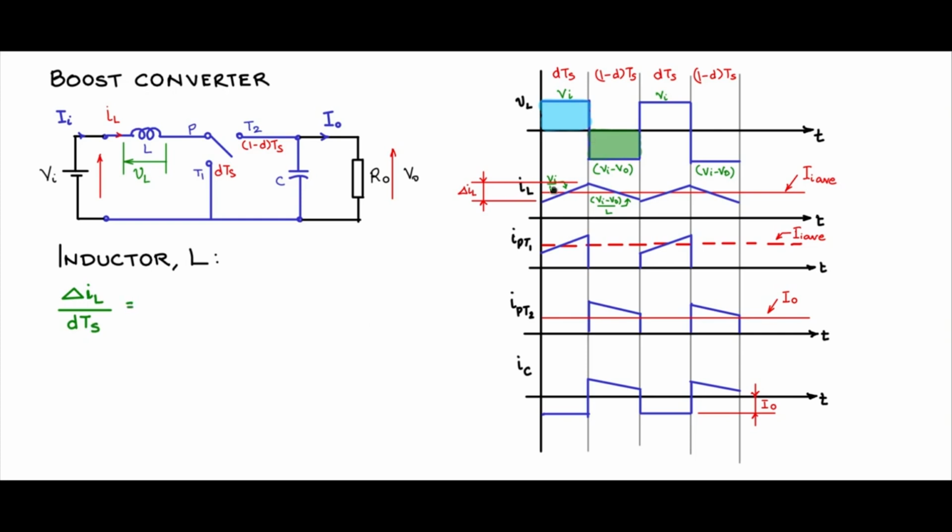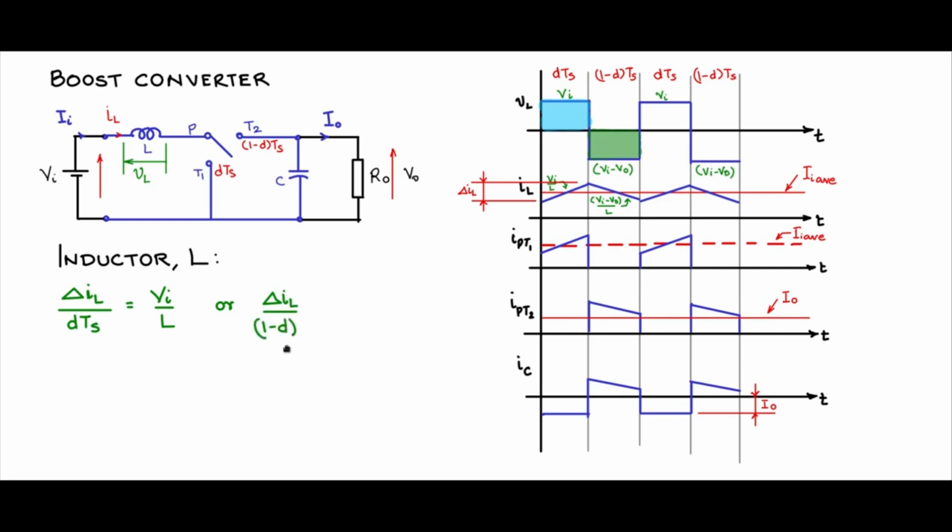So delta IL by DTs is equal to what slope rate, which is Vi by L in this period. So we will write that down, Vi by L. Or I could take the (1 minus D)Ts period, during which the current is falling. So there is still a change of the same delta IL, though with a negative slope.